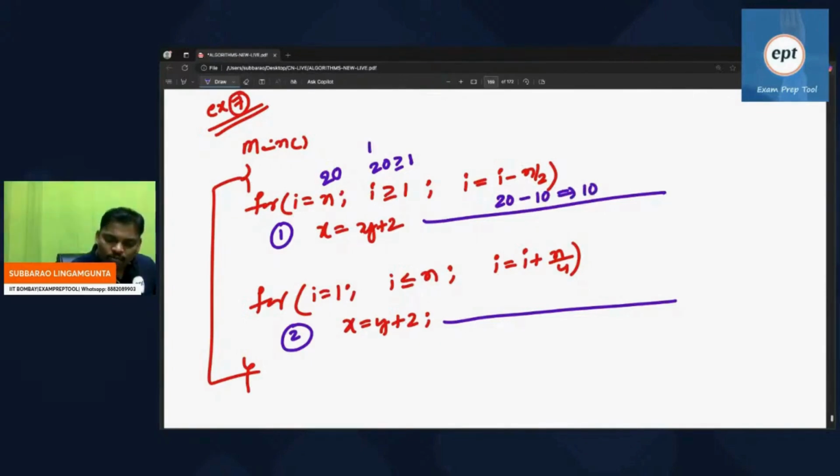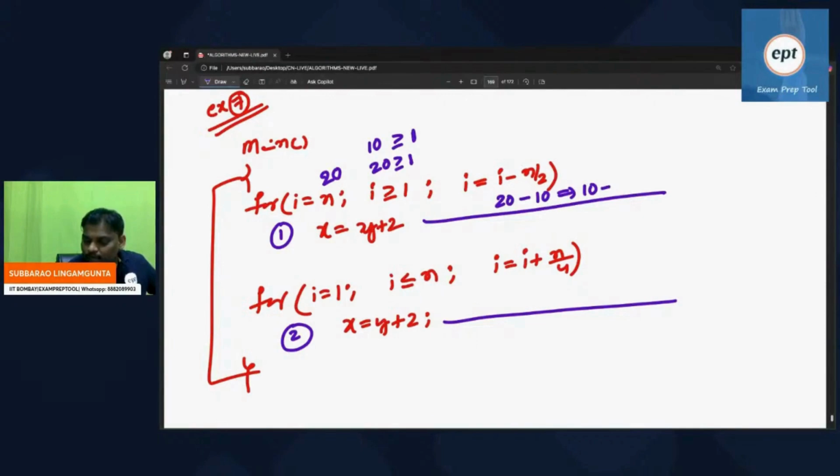Next round, 10 is greater than or equal to 1, condition true. Now i value became 10, 10 greater than or equal to 1, that is also condition true.